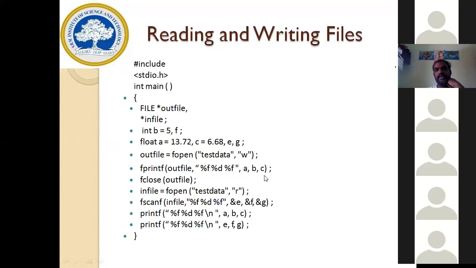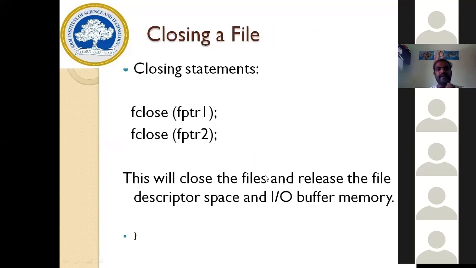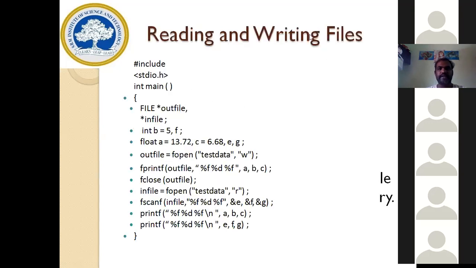And one example program. We have almost done everything: opening a file, the different modes of opening a file, reading, writing, and closing a file. So one example for reading and writing a file. Starting with the main function, you need to declare a file pointer first.